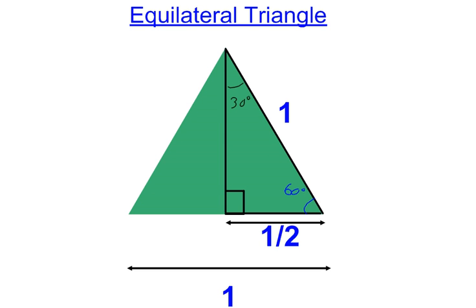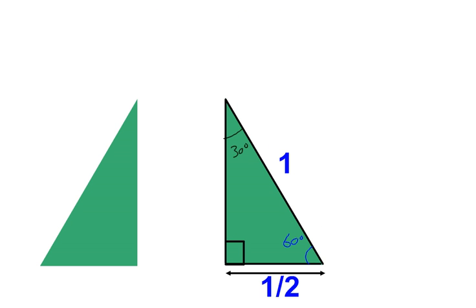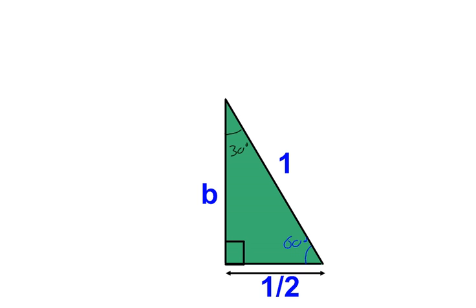We slice this equilateral triangle in half and discard one of the sides, so we're only looking at this side here. We have a side length of 1. Our base at the bottom is now 1/2 because we divided it in 2, and we have angles of 60 degrees and 30 degrees.